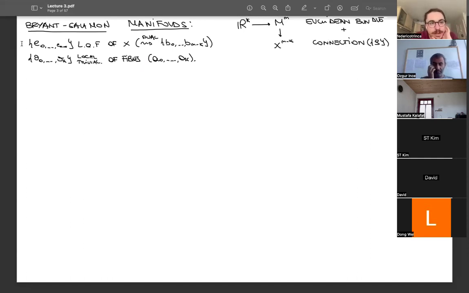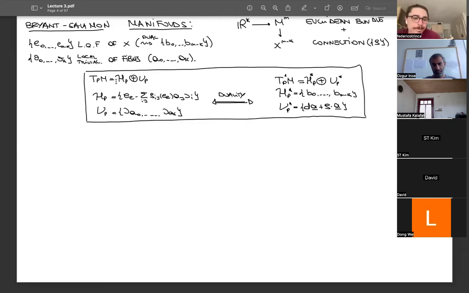The idea is that if I have a local orthonormal frame of X with dual coframe b_0 to b_(n-k), then I can also construct the local trivializations, and the fibers are then parameterized by a_0 to a_k. In such a way, I have a local coordinate frame for my 7- or 8-dimensional manifold.